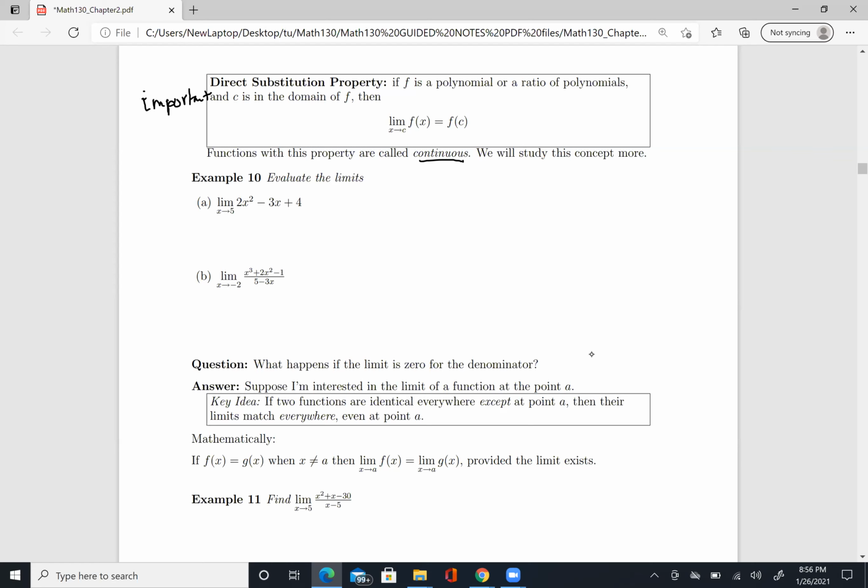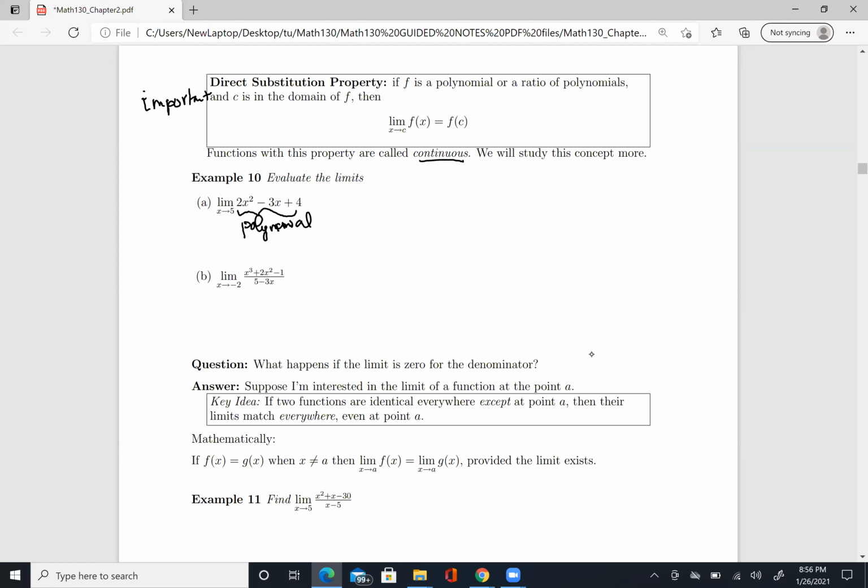So let's try to evaluate the limit in example number 10 here. Remember that all these are a polynomial. Since it's a polynomial, it's continuous from negative infinity to positive infinity, because there's no hole and no point that is undefined.